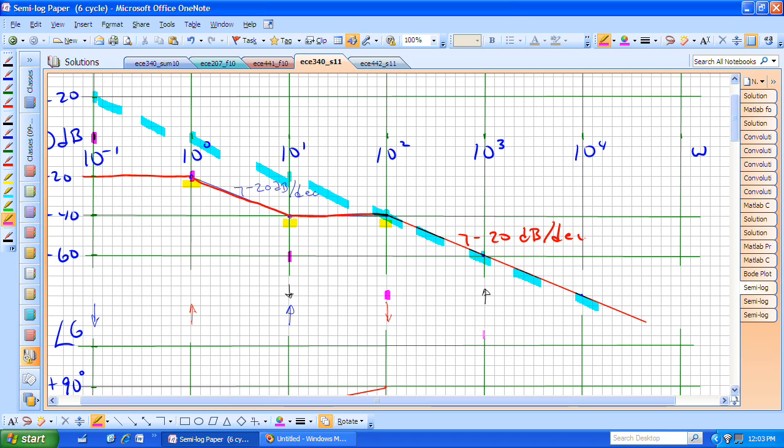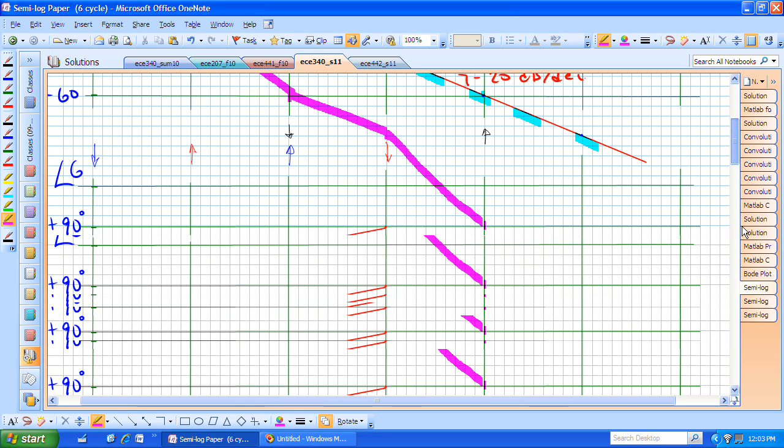If I say this was 100 and this is now minus 120, I now am sloping at 40 dB per decade after the original slope of minus 20. Here's another 40 dB change, and here is 20 dB change.